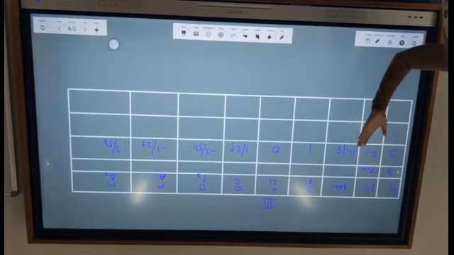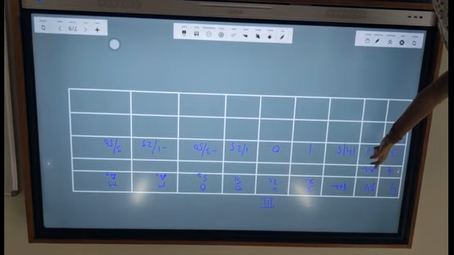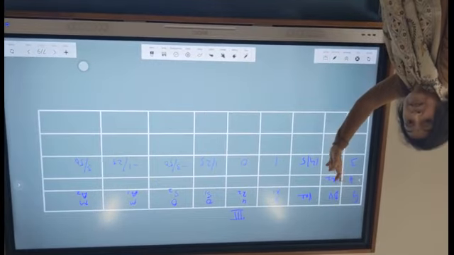Now I have to get my new row 1 of table 3.